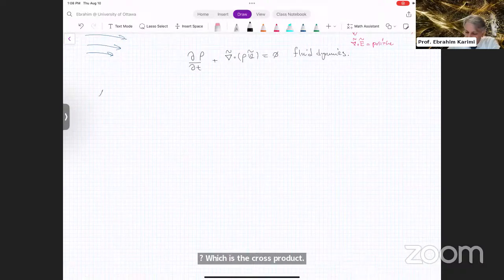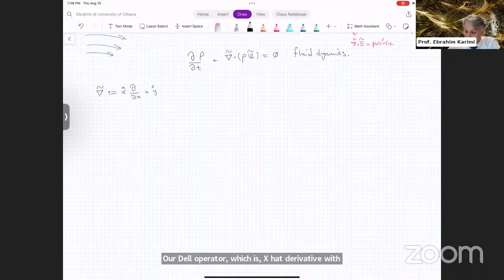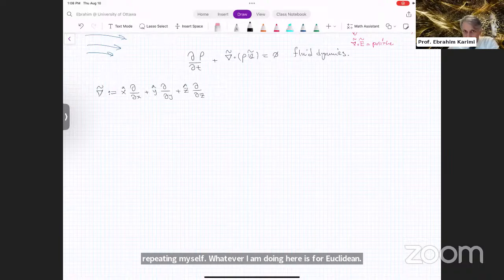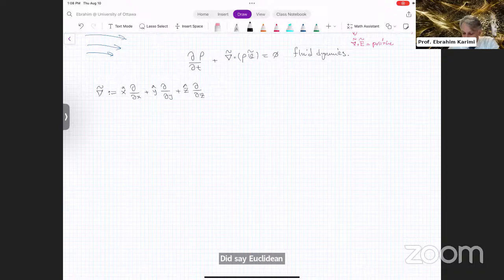So we have again the gradient, which is our del operator: x hat derivative with respect to x plus y hat derivative with respect to y plus z hat derivative with respect to z. Again, guys, I'm repeating myself. Whatever I am doing here is for Euclidean, meaning Cartesian, coordinates.